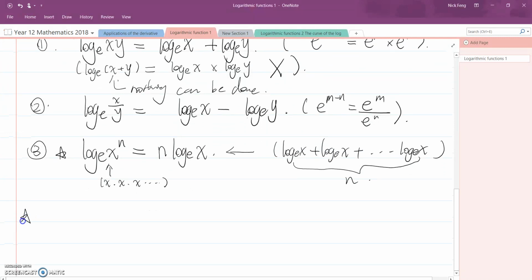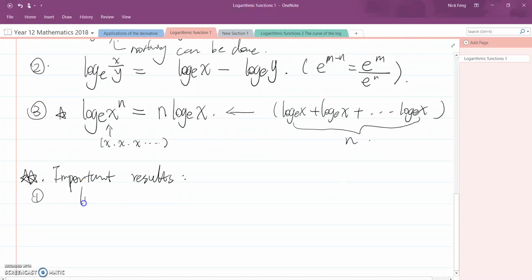However, there are some results we might want to consider as well. So that is the important result. I don't call it log law anymore because they are not laws, they're just some results which are handy for us. Such as, no matter the log base, log of 1 should equal 0.